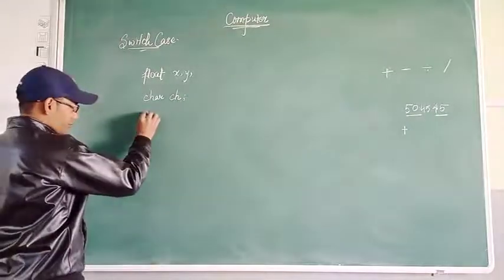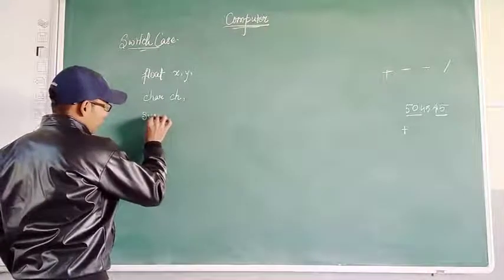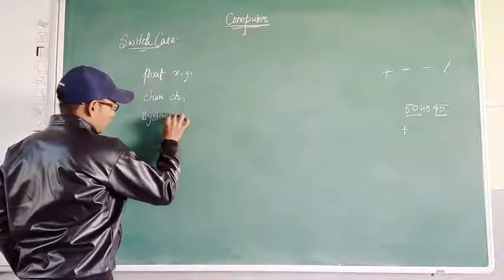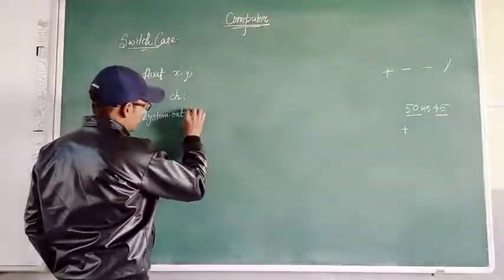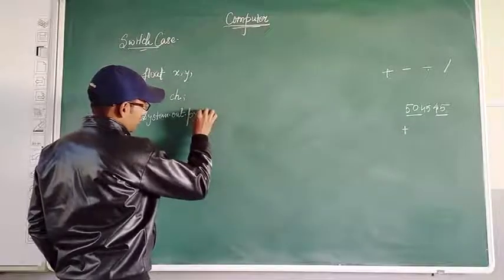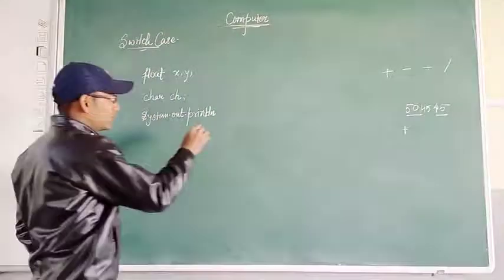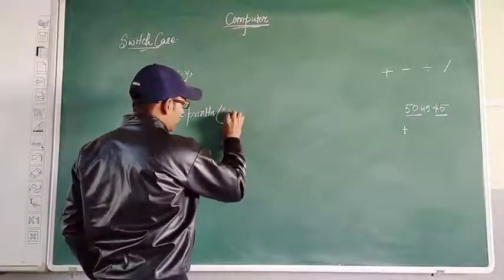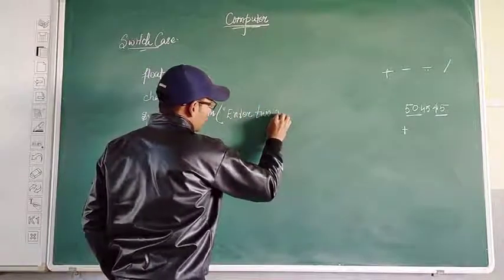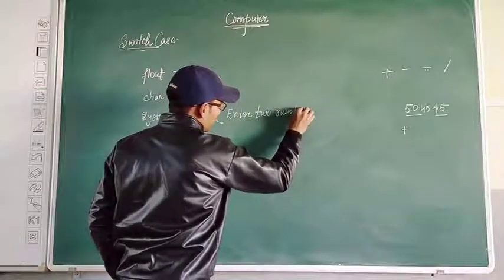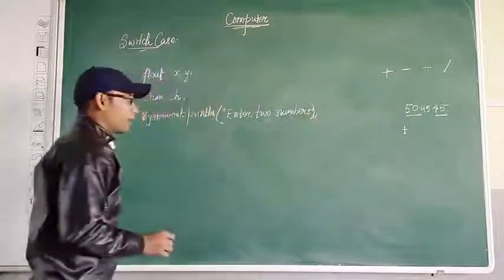After that, System dot out dot println. This S is capital, okay. System.out.println, enter two numbers. Okay.